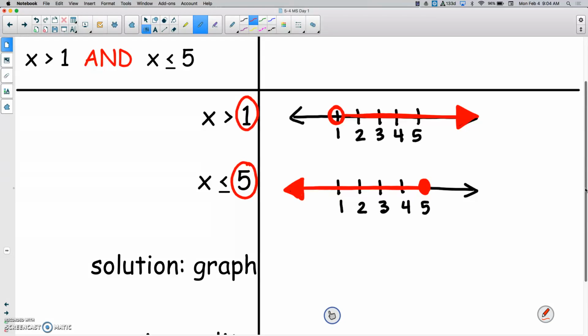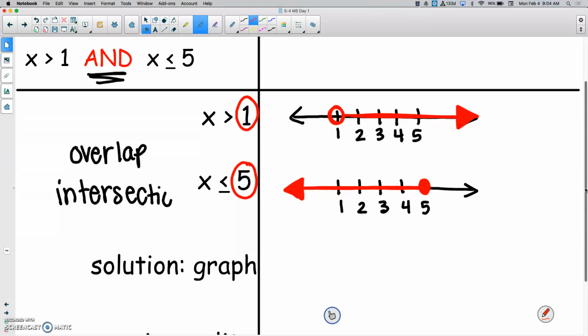Now, because the key word here is and, we're looking for where they overlap or their intersection. So numbers that are on the first ray and the second ray. So watch the visual as I move my other ray up. Can you see the numbers that are on both of the rays?